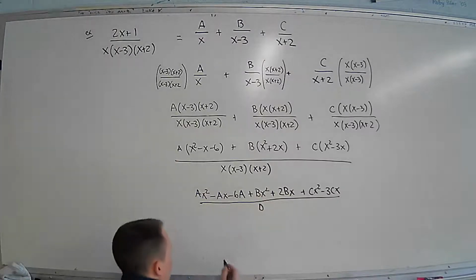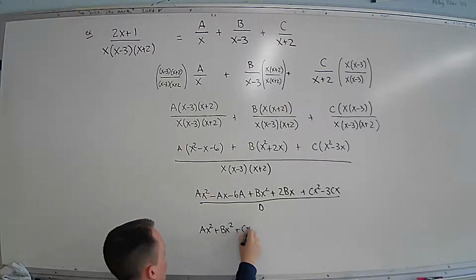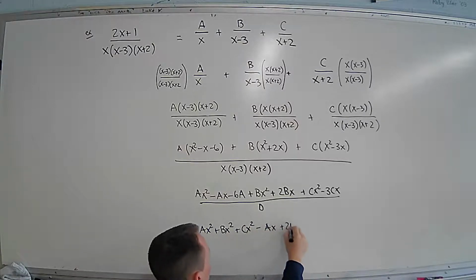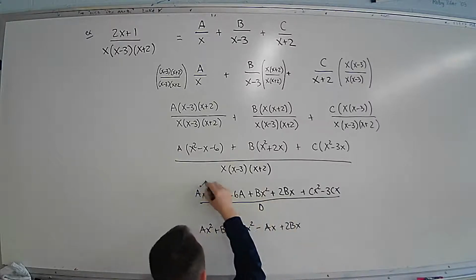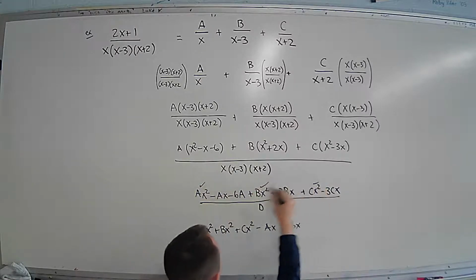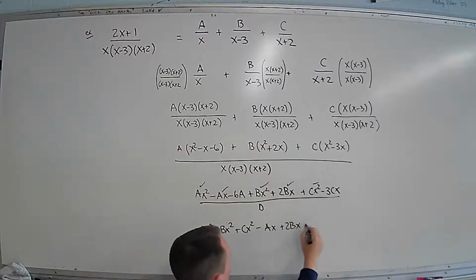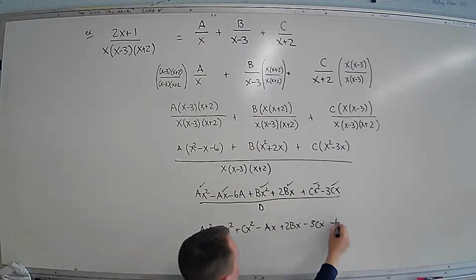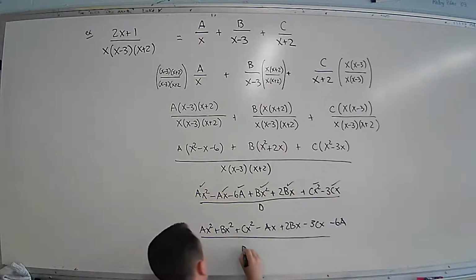So now I'm going to group all this stuff together and I'm going to get ax squared plus bx squared plus cx squared minus ax plus 2bx. Let's check these off here, just make sure I get them all. Minus ax, 2bx, minus 3cx, and then minus 6a. Looks like I got everybody all over the denominator.